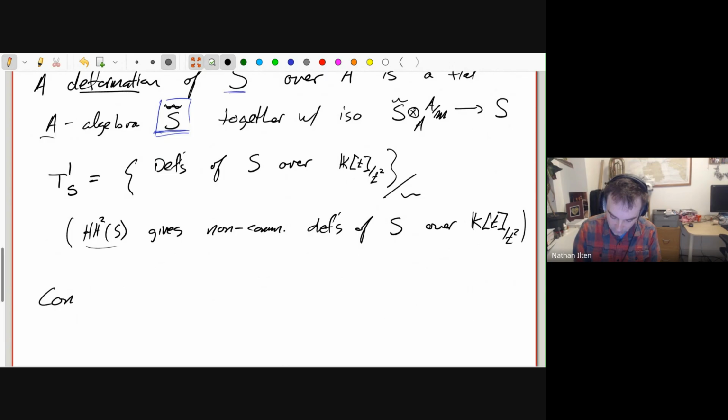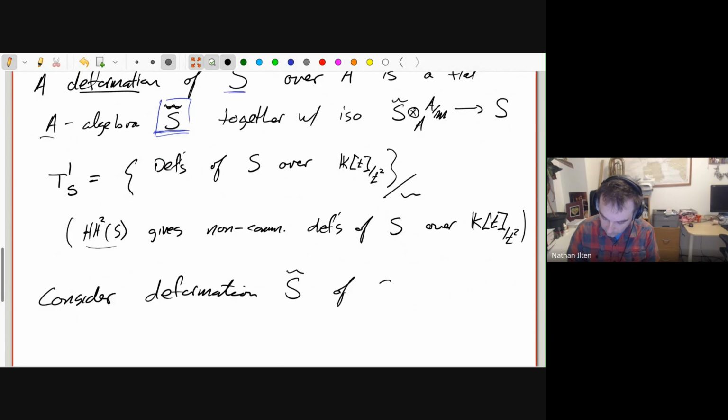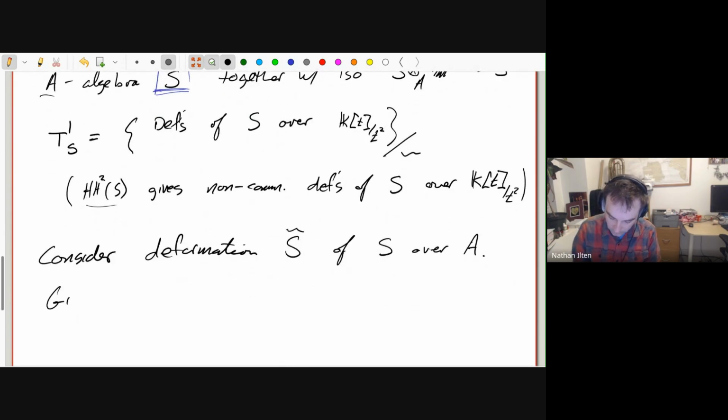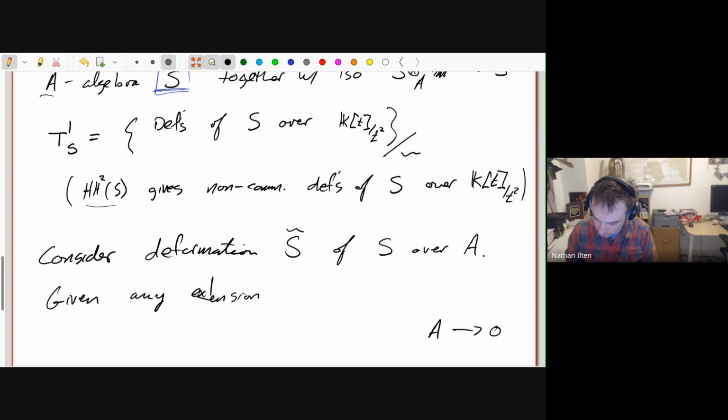So let's consider a deformation, say S tilde of S over A. Now, given any extension, so I'll start with my Artin ring A, and I'll look at some extension of it to a larger Artin ring A prime, whose dimension over K is exactly one more. So my kernel here is just K. Let's call this eta.